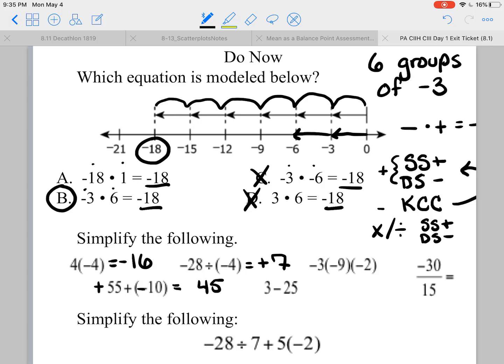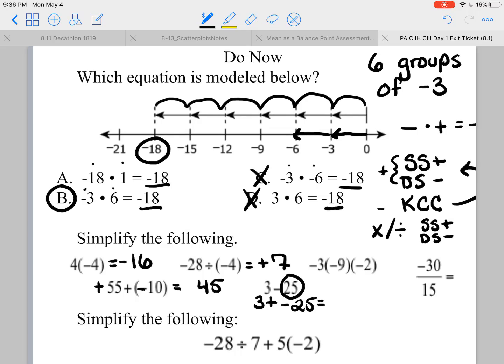Here we have subtraction, so I need to do keep, change. I keep 3 positive, change the subtraction to addition, and this is positive 25, so I change it to negative 25. Now I use our rules.